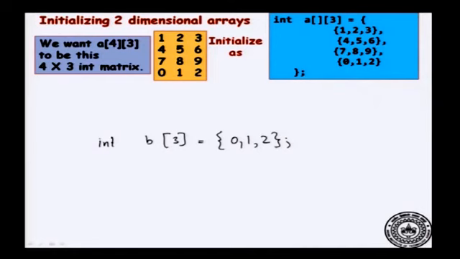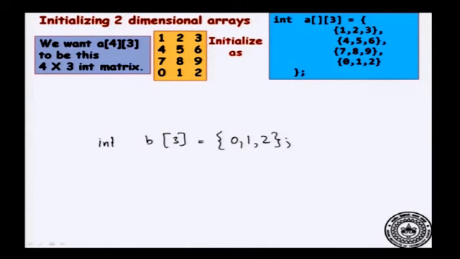So, it is natural to generalize the notation in the following way. If I have to initialize a 4 by 3 array, I can just say curly brace, and here is a list of elements, and each element is basically a row. So, what is a number here will be a row. It will be a list of rows, and each row, being somewhat like an array, is given by a list.